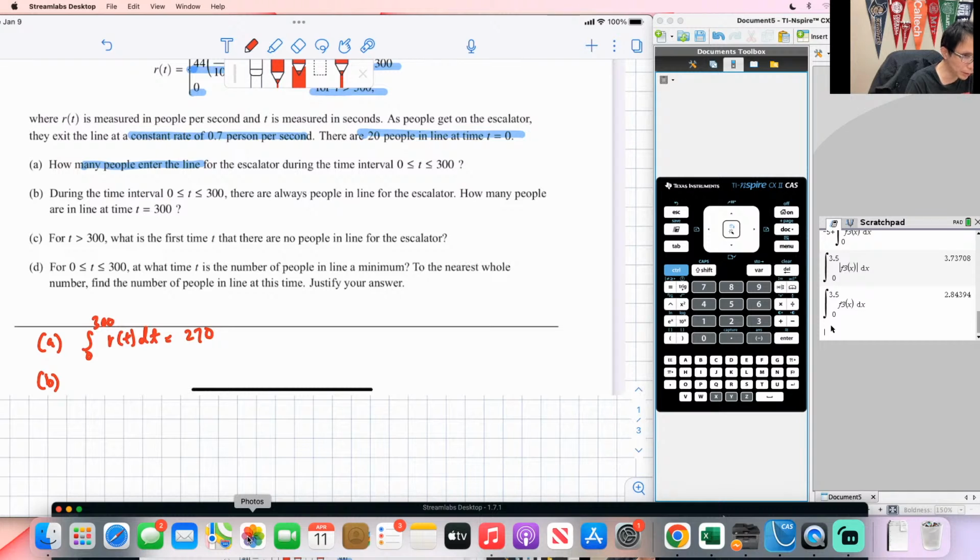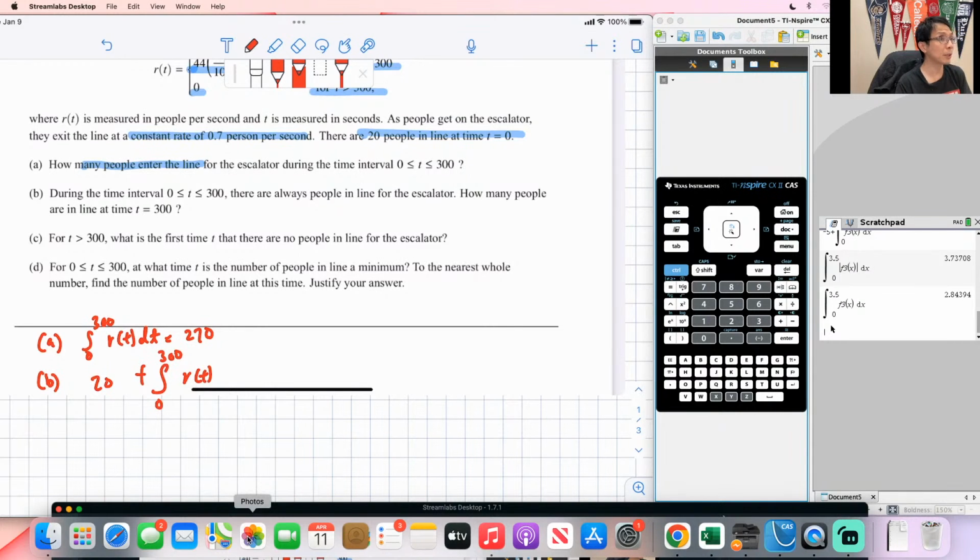So now B is going to be between 0 to 300. There are always people in the line, but the problem is people get in and people get off. When the train arrives, those people are going to get on the escalator, but there are also people getting off the escalator. So those are the things you're including. How many people are on the escalator? Well, there are 20 to start with, and there are people coming in, so integral from 0 to 300 of R of t.